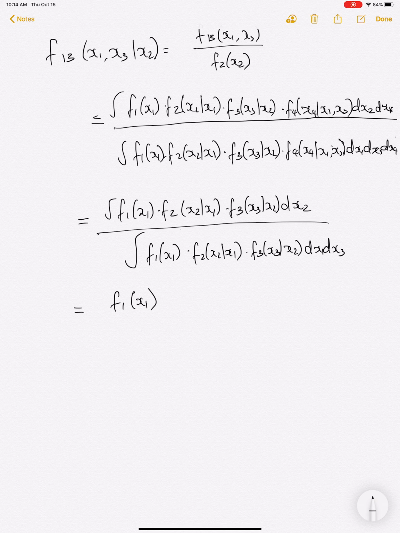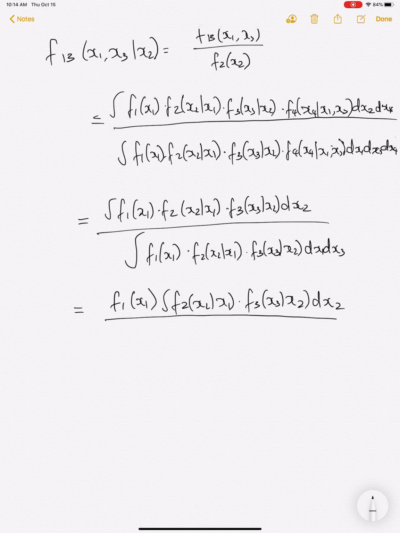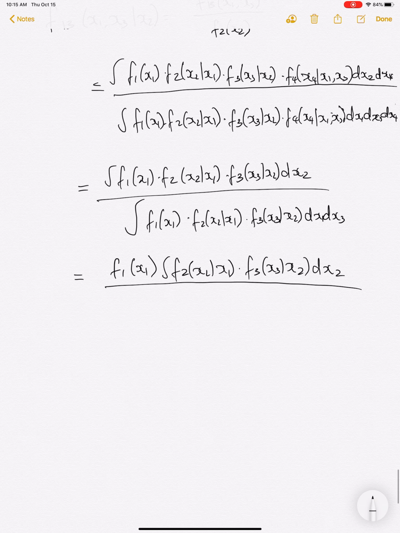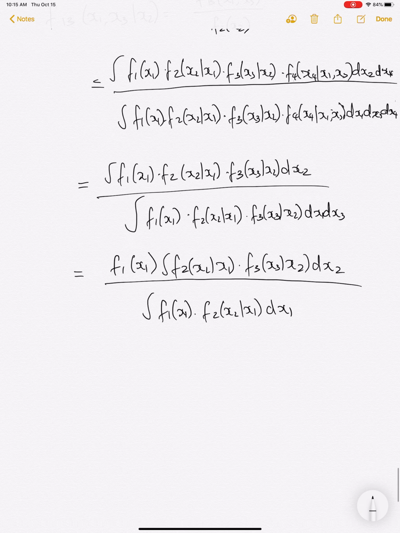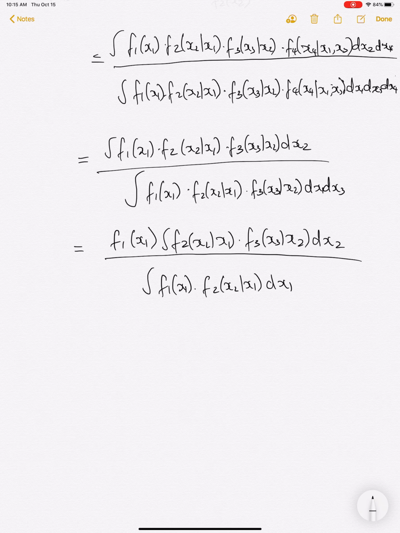And similarly for the denominator, so we can take out the x1 on the numerator. And on the denominator, the x3 just gets integrated out as well, and we end up with, because you're just integrating out the marginal, you're integrating out a conditional with respect to x3, so that just gets integrated out, and then you just end up with this quantity in terms of x1.